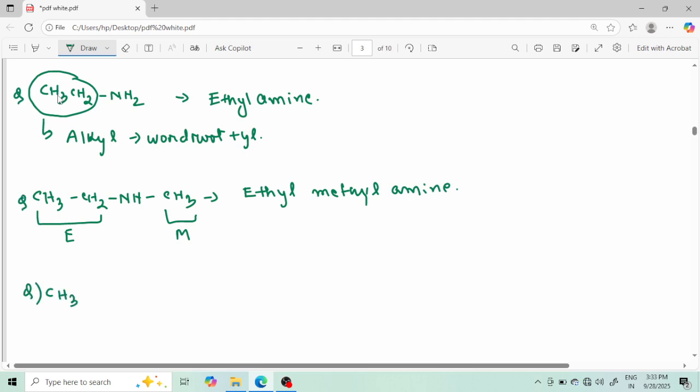Let me give another example. Suppose I am giving you CH3, N, CH3 and then CH2 and CH3. Here you can see 3 alkyls are given, so you have to name it. But if you look carefully, 2 alkyls, that is CH3 and CH3, are repeating, yes or no?